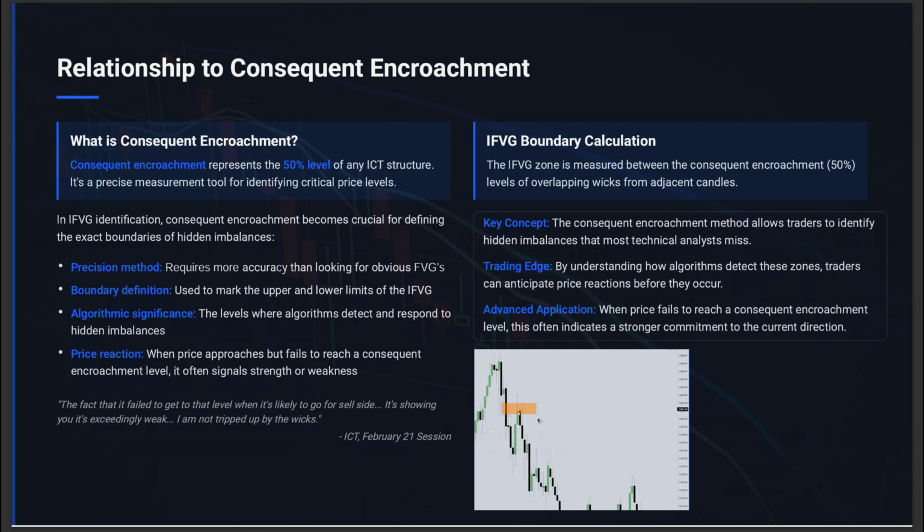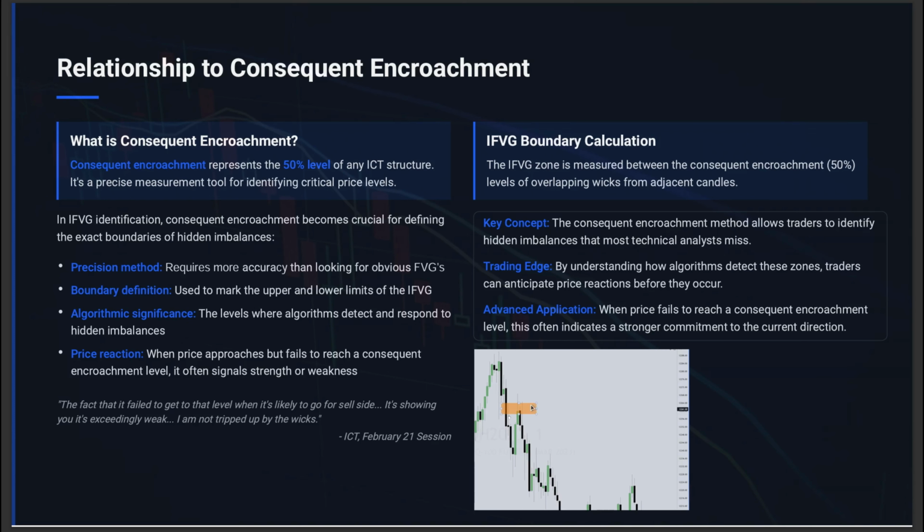So here in this image, you see price was trying to reach the liquidity up here, but it failed to pass the consequent encroachment, or the 50% level, of this implied fair value gap, meaning that price is weak going towards the upside because price is in reality bearish. There's more bearish selling power than there is buying power to reach that liquidity. Okay, hopefully that makes sense to you guys.